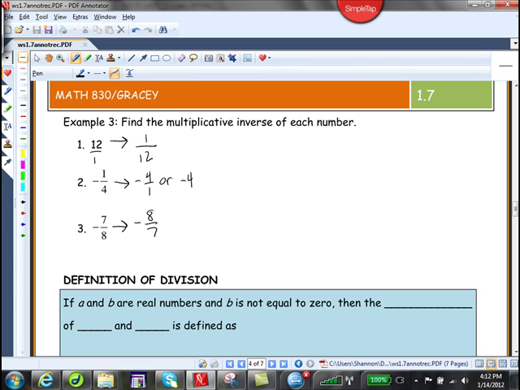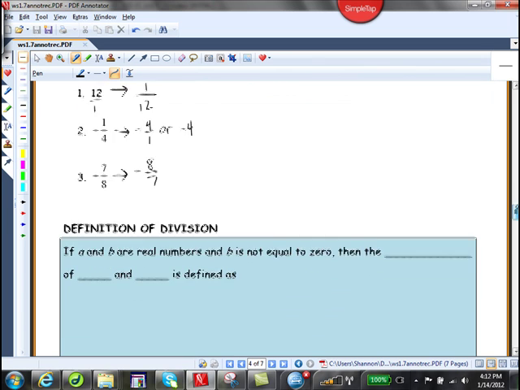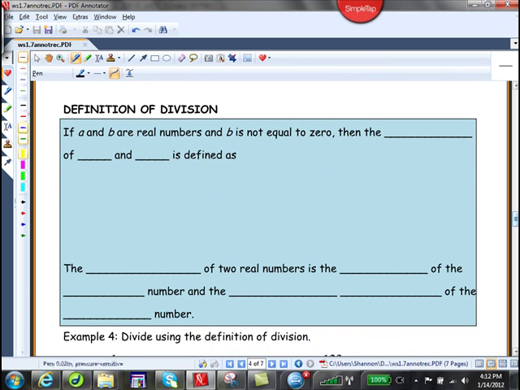All right, here we go. Definition of division. If a and b are real numbers and b is not equal to 0, then the quotient of a and b is defined as a divided by b equals a times 1 over b.